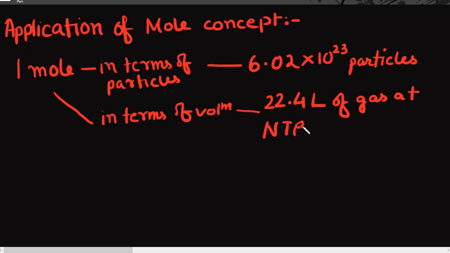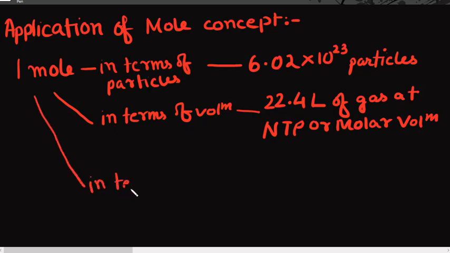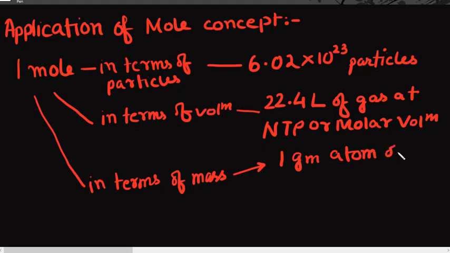And then at last, in terms of mass, we can write 1 mole as 1 gram atom of an element, 1 gram mole of a molecule, and 1 gram formula mass of a substance.